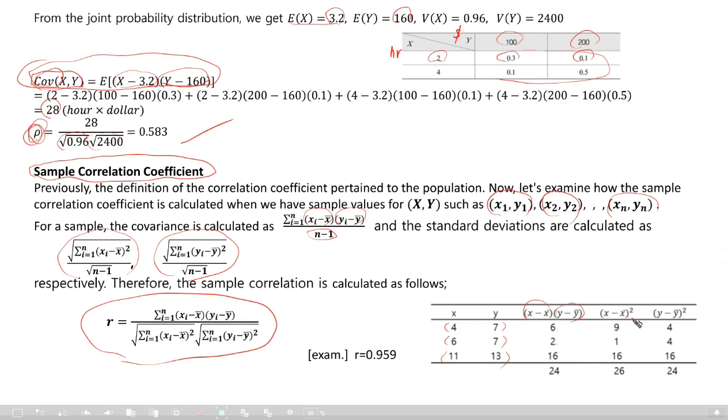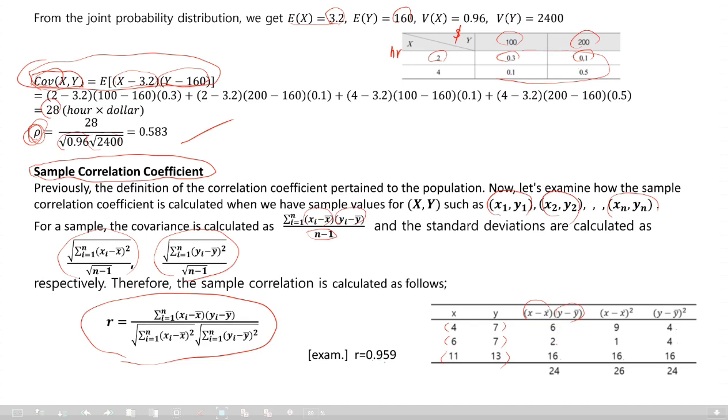And the square terms, 9, 1, 16. For y, not 4, 4, 16. So you may calculate the correlation coefficient: 0.959. If you use a computer, it will give you this kind of value for the correlation coefficient.